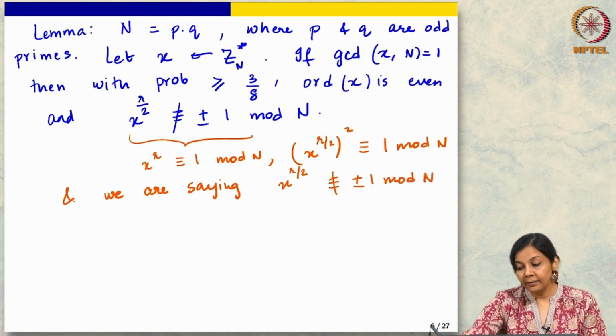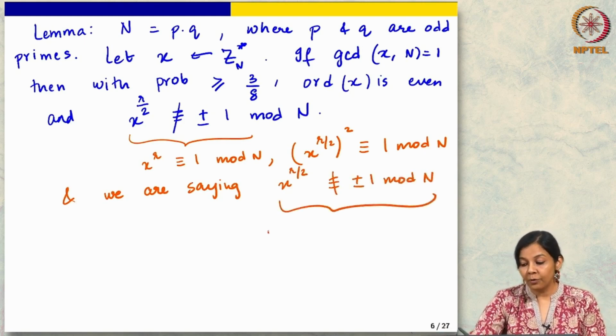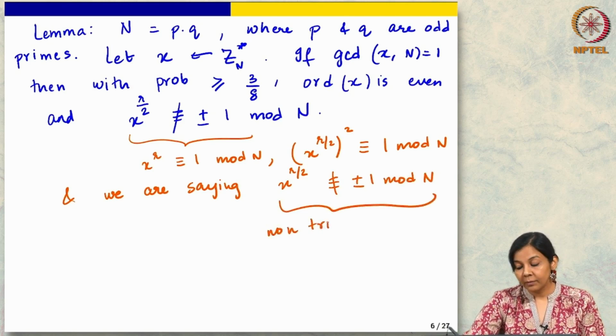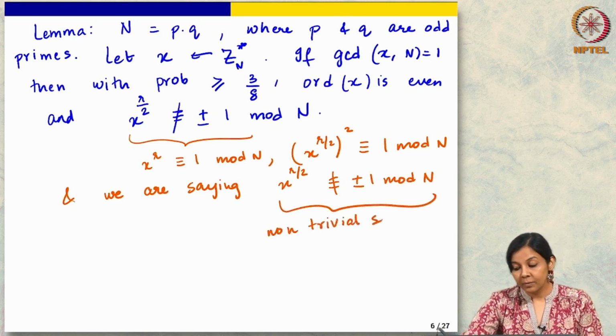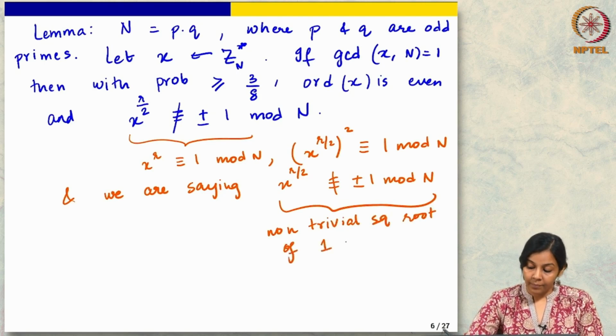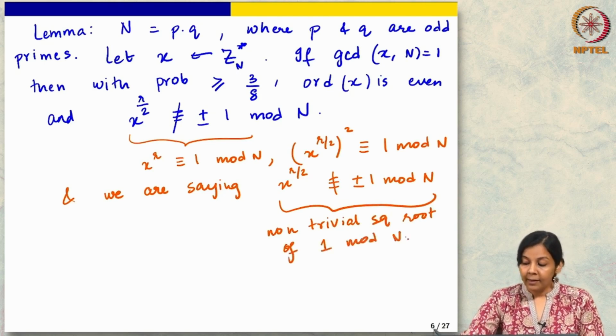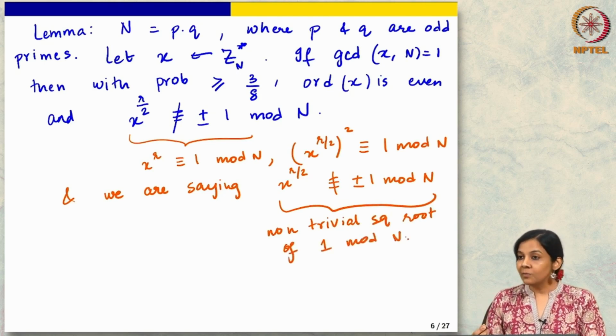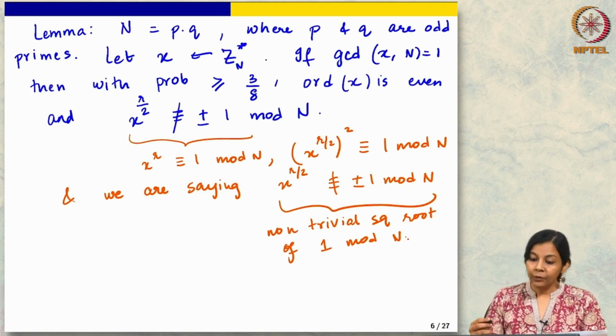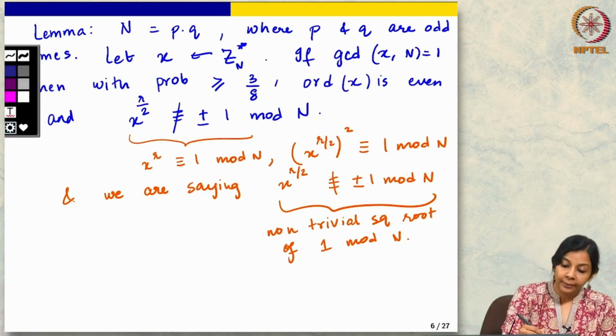So, that means that this is a non-trivial square root of 1 mod n, and this is what we wanted. So, let us prove this lemma.